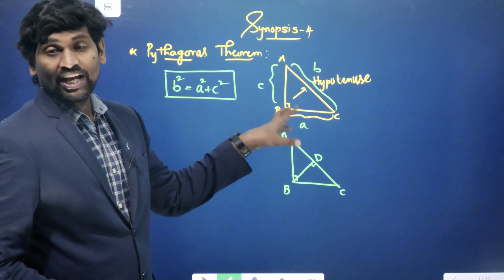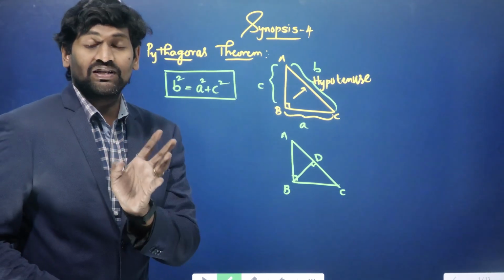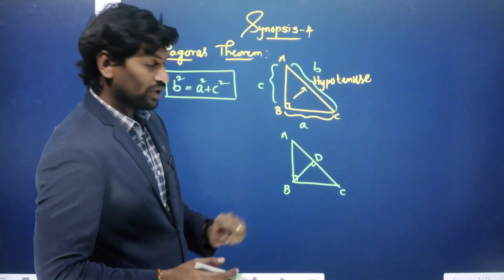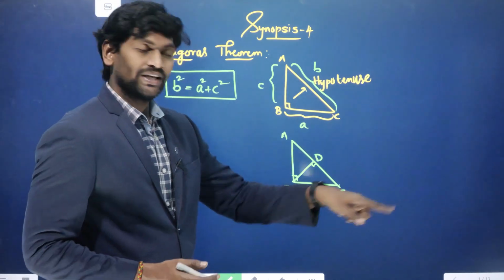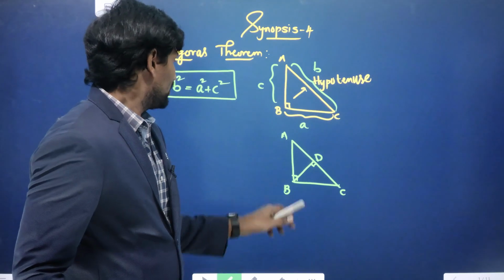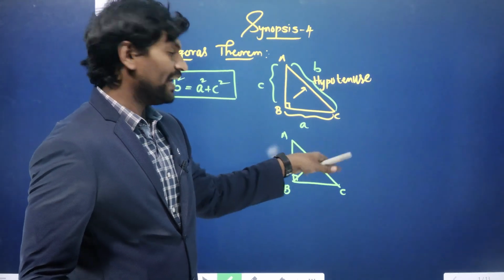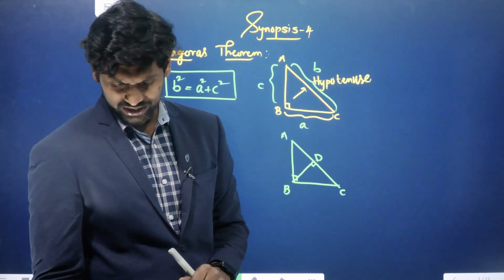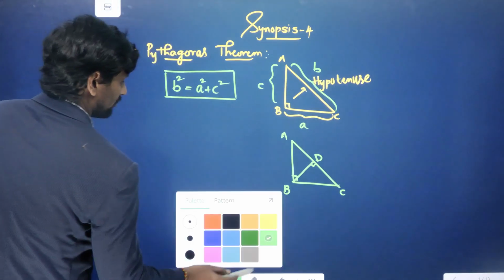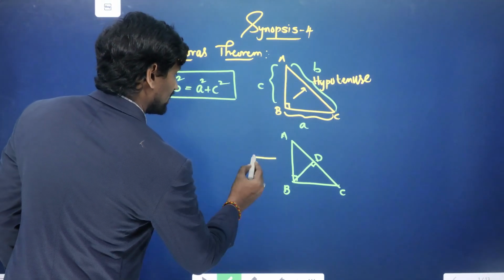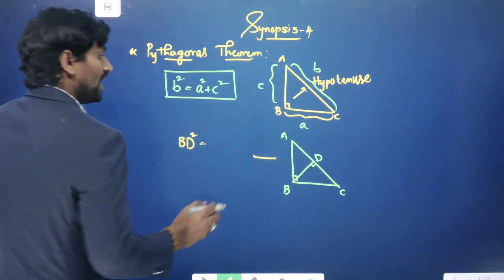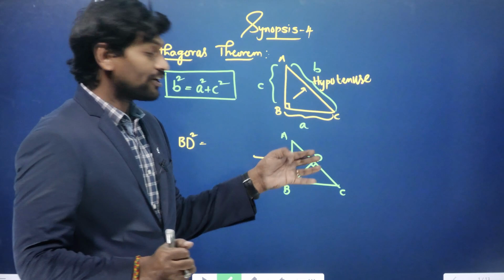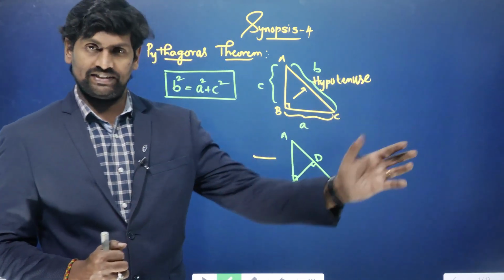So this one we have already discussed in our previous classes. That means BD square equals AD into DC. That is the condition we have discussed, right? Here BD is nothing but the altitude which is drawn from the vertex B to AC.